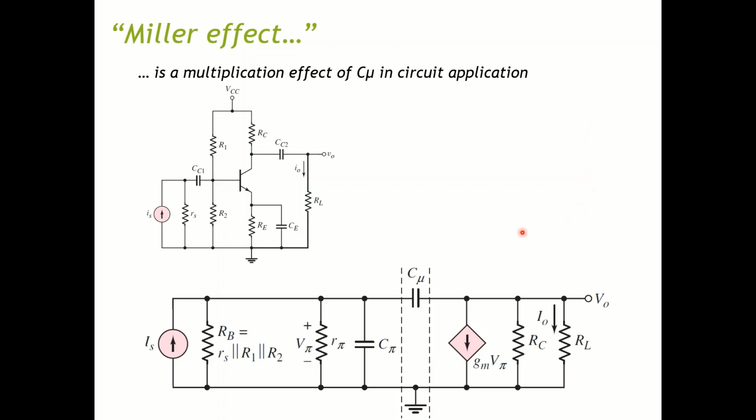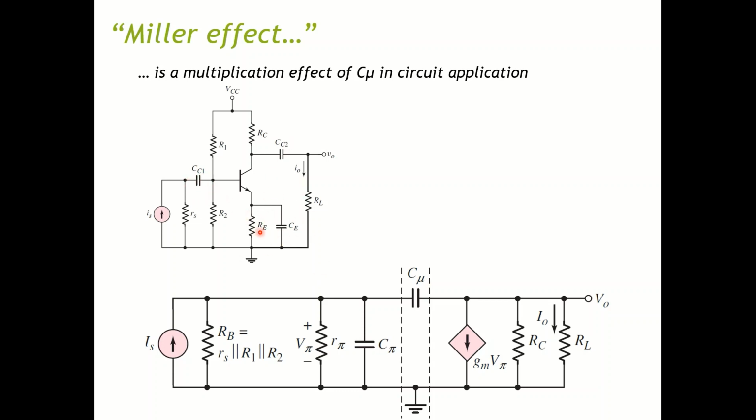Now we can convert the original circuit to its equivalent hybrid pi model here. Keep in mind that in this particular model, we assume that the frequency is sufficiently high. Coupling is this, and bypass is this.